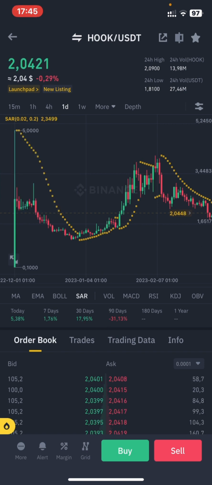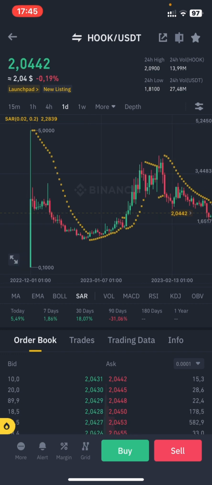So remember, you want to buy, you are not using leverage. So if this token drops further, you know that you are not taking a lot of risk, you are not using a lot of money, you are not using a lot of leverage, so you're on the safer side.